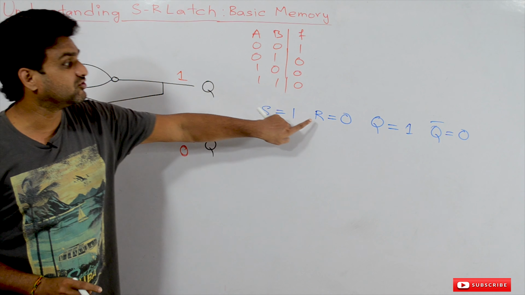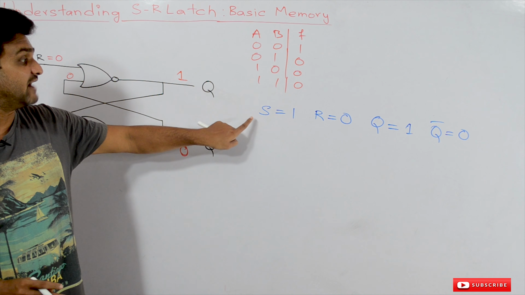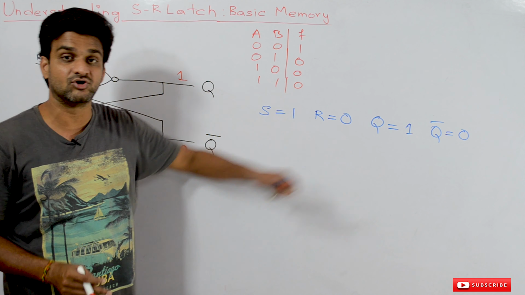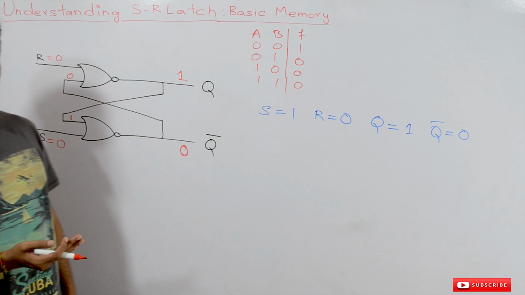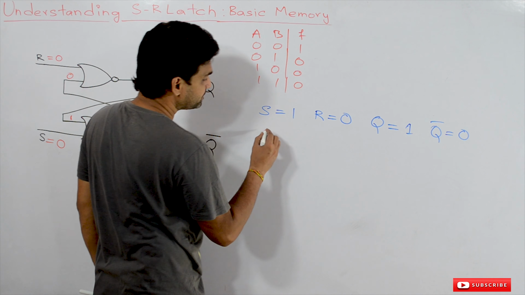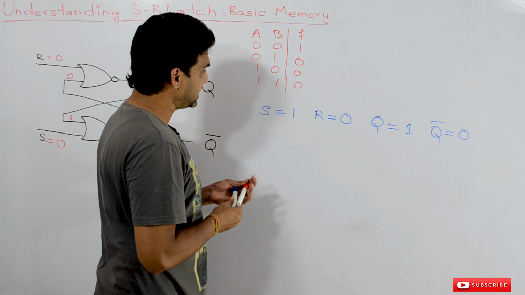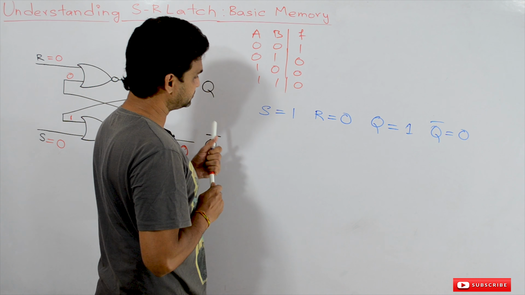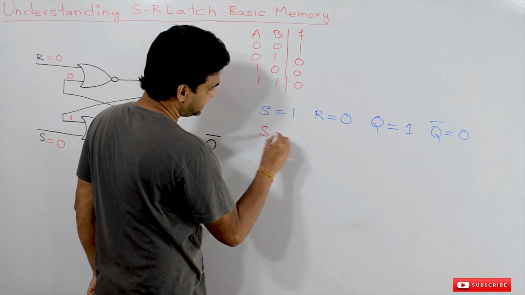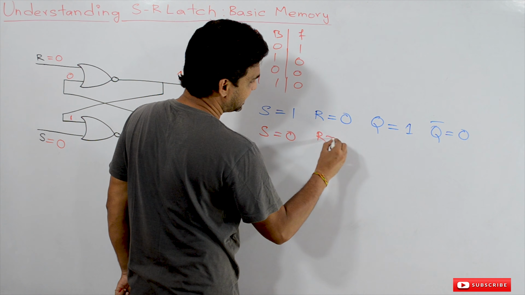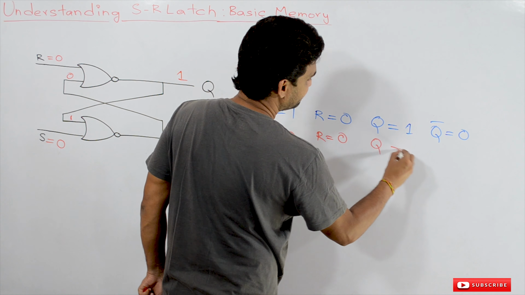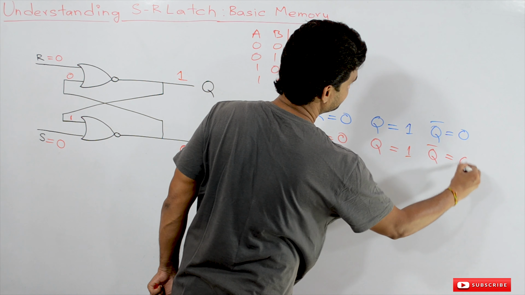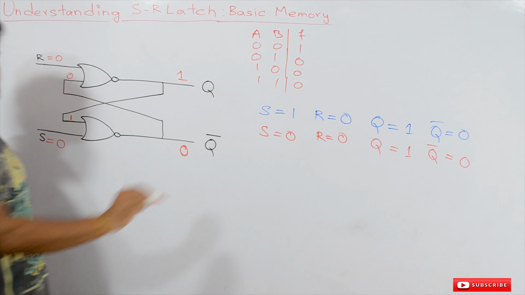After S is equal to 1 and R is equal to 0, if we change the values to S is equal to 0 and R is equal to 0, the value of Q will remain 1 and the value of Q complement will remain 0.